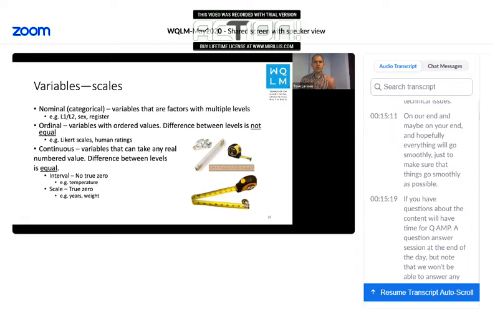And it's important to understand the difference between these variable scales because these often determine the types of statistical techniques that can be used with your data.